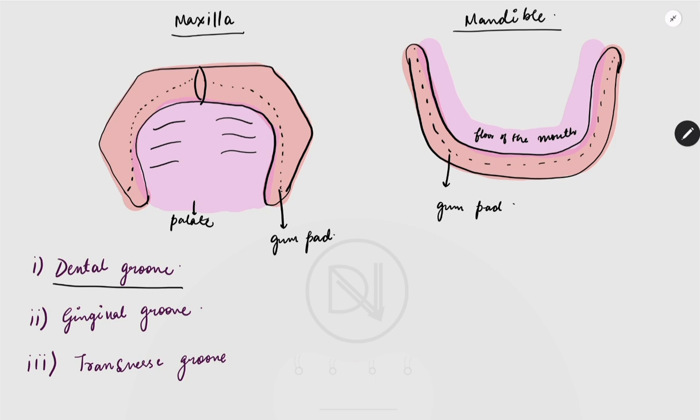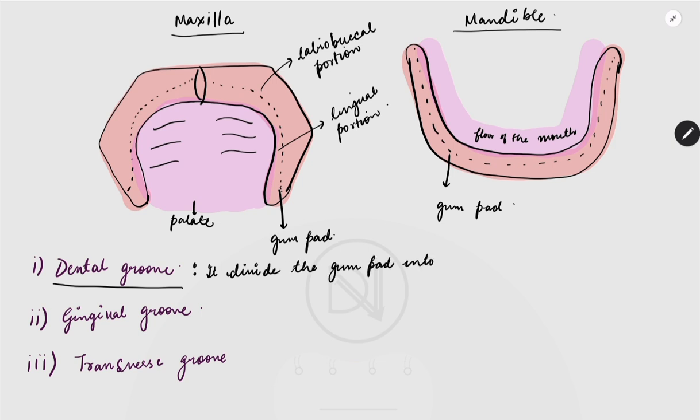The one which faces your lip and cheek is called the labio-buccal portion, and the one which faces the palate or your floor of the mouth is called your lingual portion. So the dental groove divides the gum pad into the labiobuccal portion and the lingual portion.